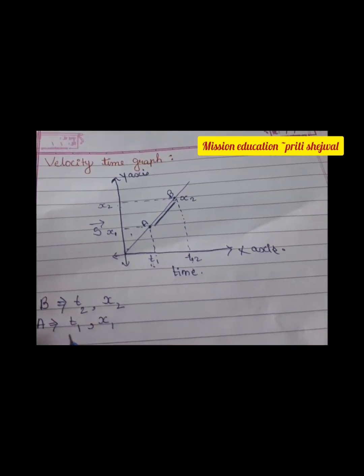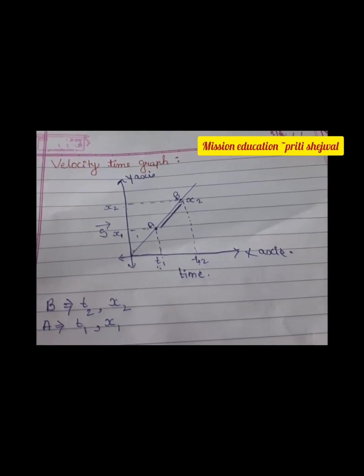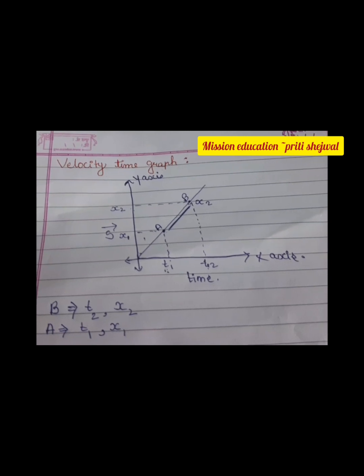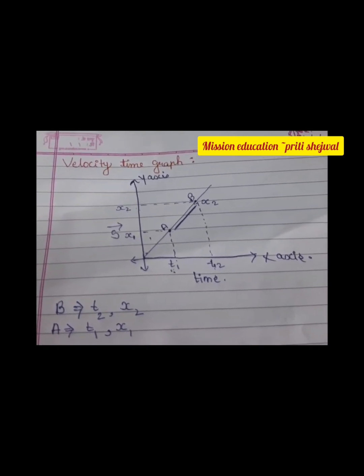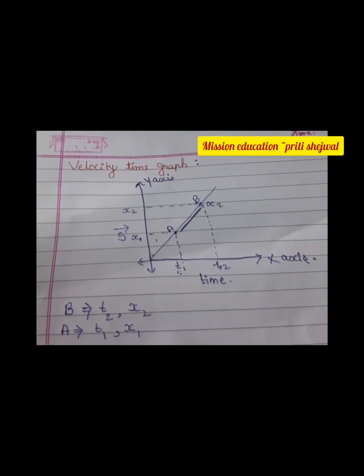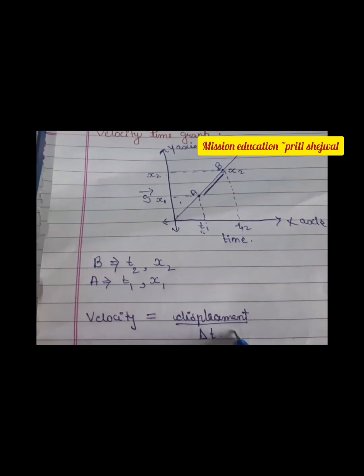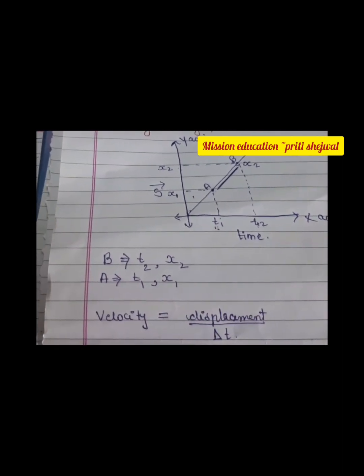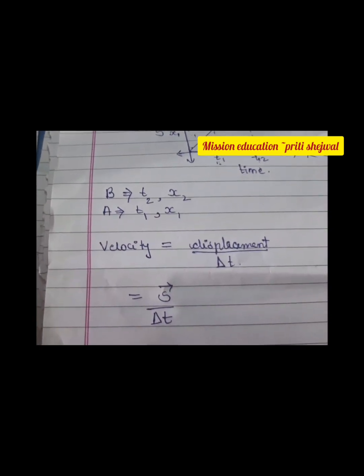The A coordinate is T1, X1. So if we want to find the velocity from A to B, how are we going to find it? It is simple. Here we are going to use the formula of velocity, that is displacement upon time. This is the displacement and this is the time.